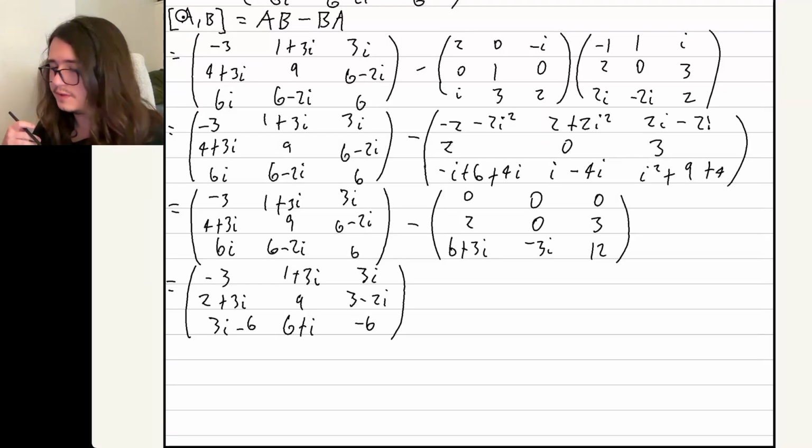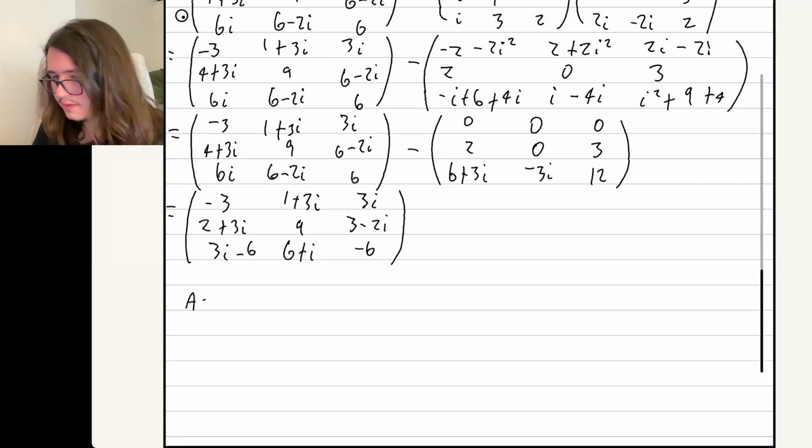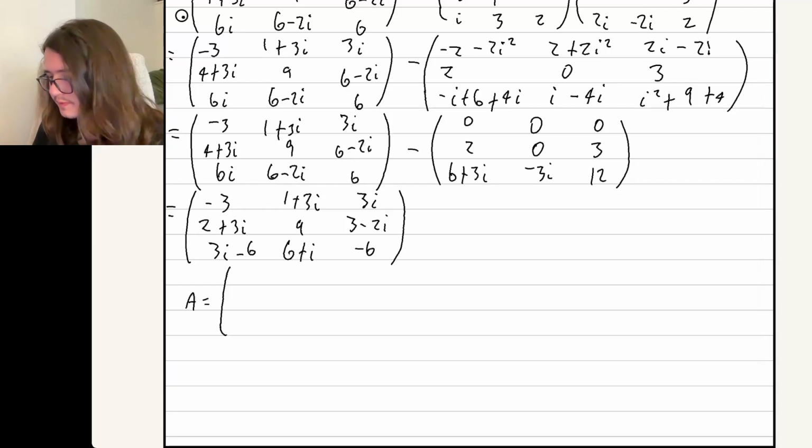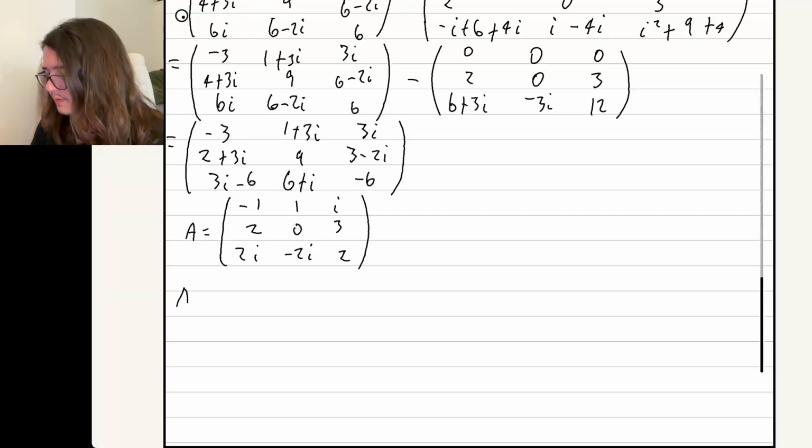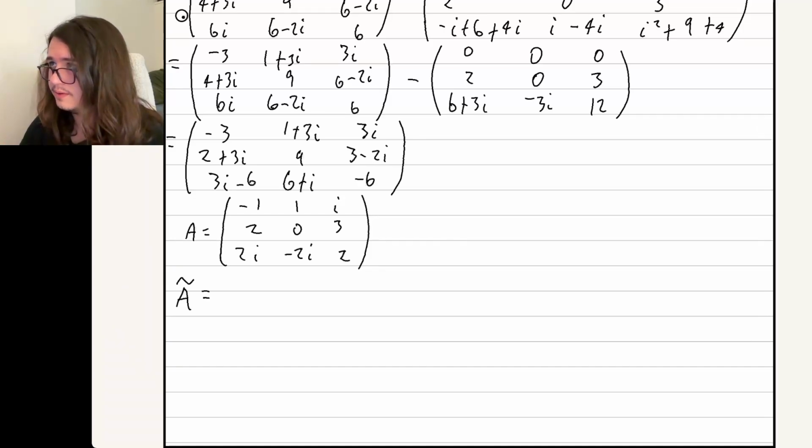The next thing Griffiths is going to have us do is the transpose of A. So let me write out what A was again so I can have a little bit of clarity. It's going to be minus 1, 1, i, 2, 0, 3, 2i, minus 2i, 2, right? The idea of the transpose is you just replace every nth row with the nth column, right?